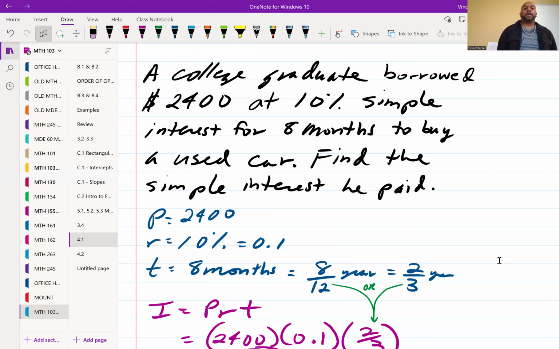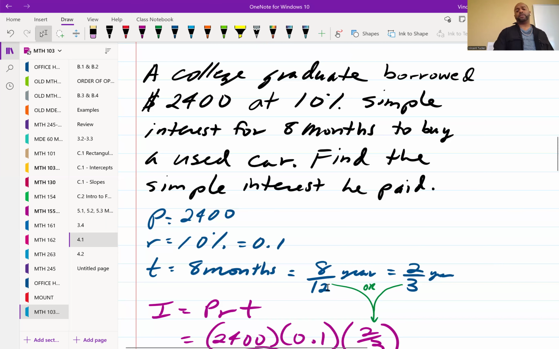Just like the last one, set up your given pieces of information first before we start plugging into the formulas. P, our initial amount, the amount that's borrowed, is $2,400. Our rate is 10%, so as a decimal, that is 0.1. And then our time is 8 months. But remember, it has to be in years before you plug it into the formula. So take the 8 and place it over 12.